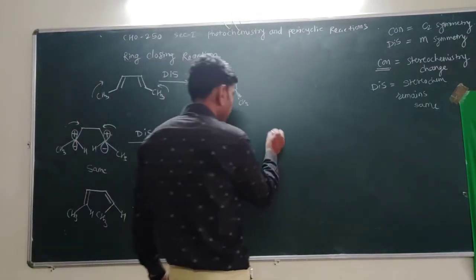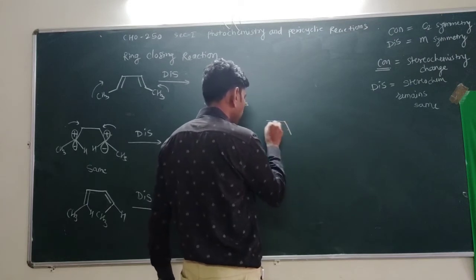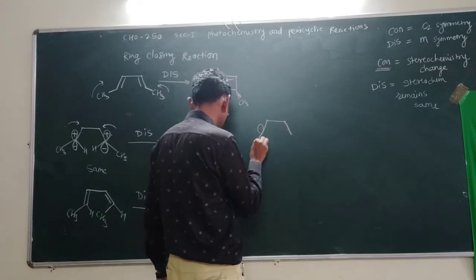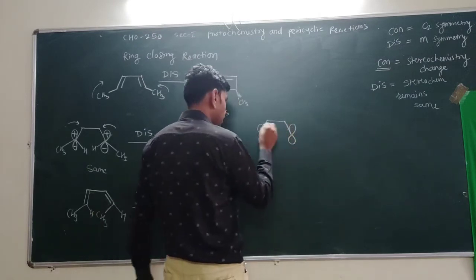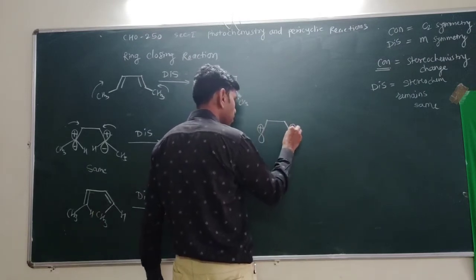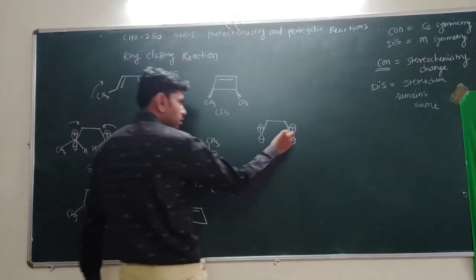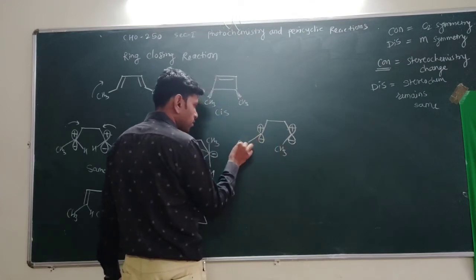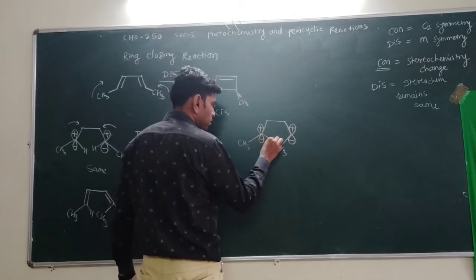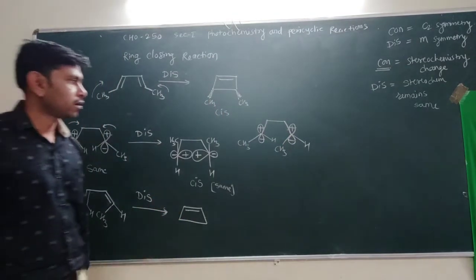Now to obtain the stereochemistry, first we have to draw the orbital diagram, the orbitals of these. So see the orbitals of these. Disrotatory motion means plus plus minus minus, M symmetry is there. We have to consider here this CH3 in the inward direction, this CH3 in the outward direction, hydrogen inward direction, outward direction.